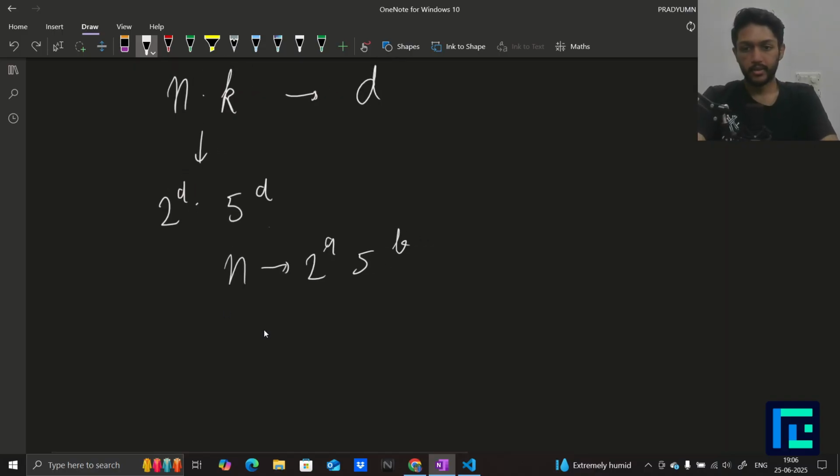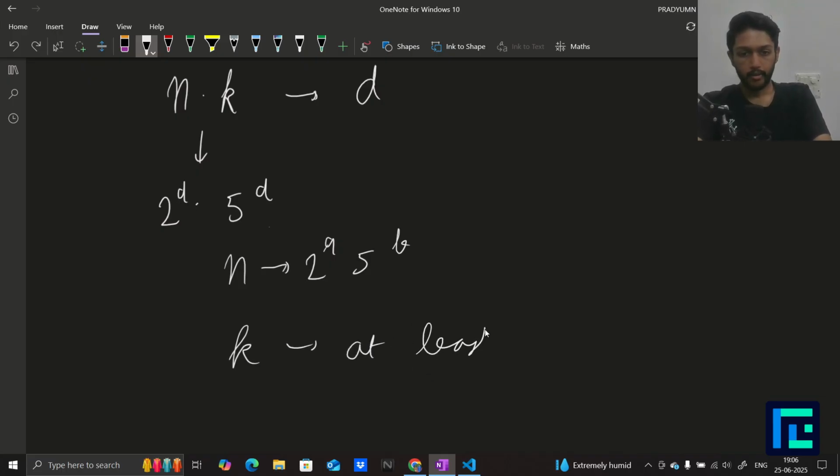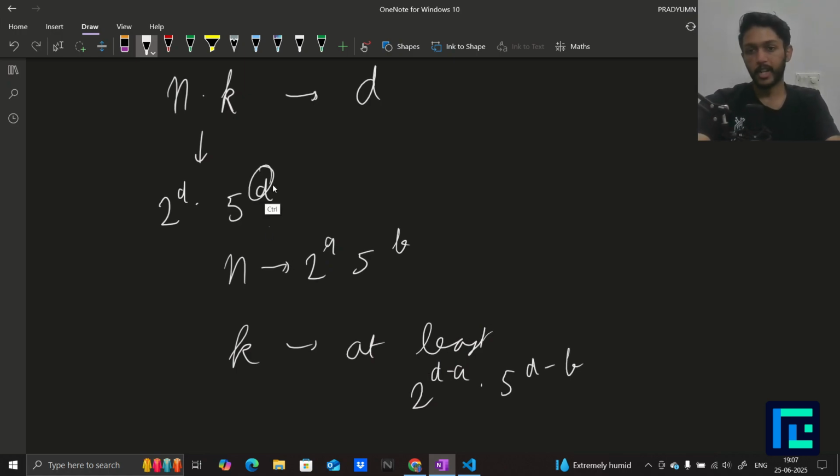So in that case, our k has to have at least 2 to the power d minus a and 5 to the power d minus b. That is, if we need d powers of 2 and n already has a powers of 2, then we need d minus a more powers of 2. And if we need d powers of 5, and if we already have b powers of 5, then it needs d minus b.